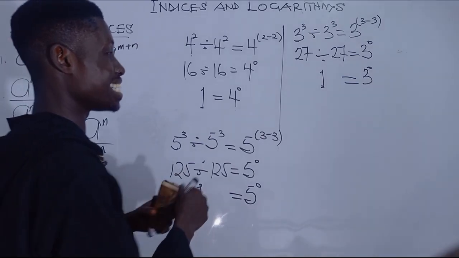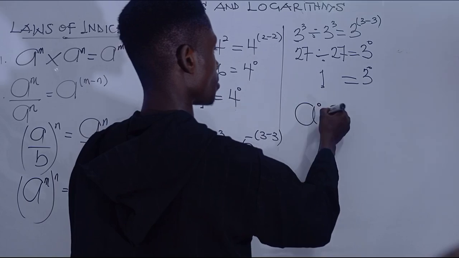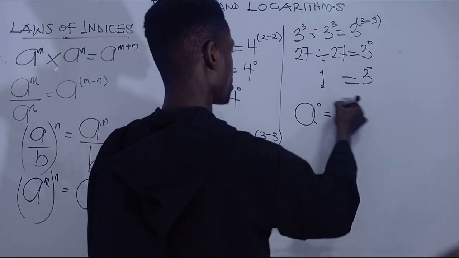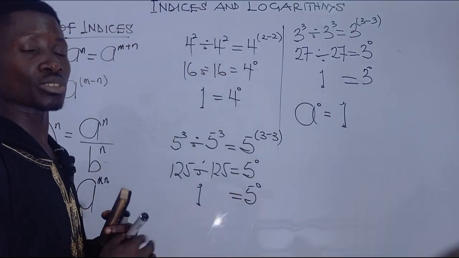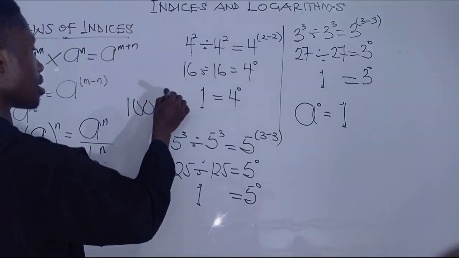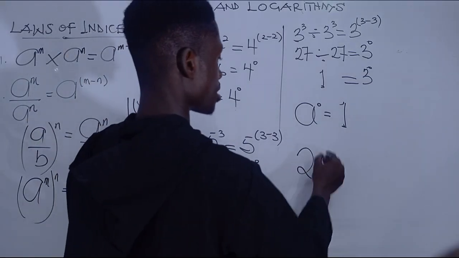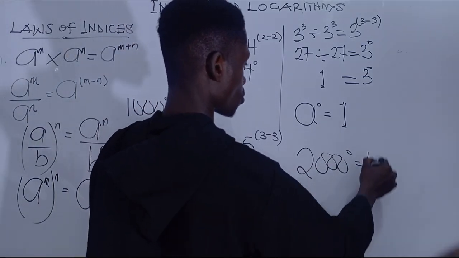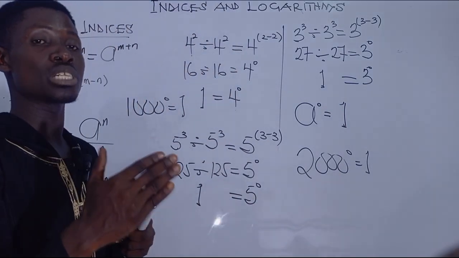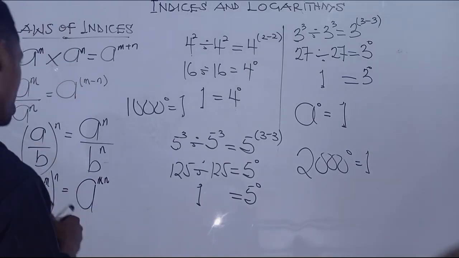So we can conclude and generalize that any non-zero number raised to the power 0 gives us 1. That is one of the properties of indices. So 1000 raised to the power 0 is equal to 1. 2000 raised to the power 0 is equal to 1. Any non-zero number raised to the power 0 gives us 1.